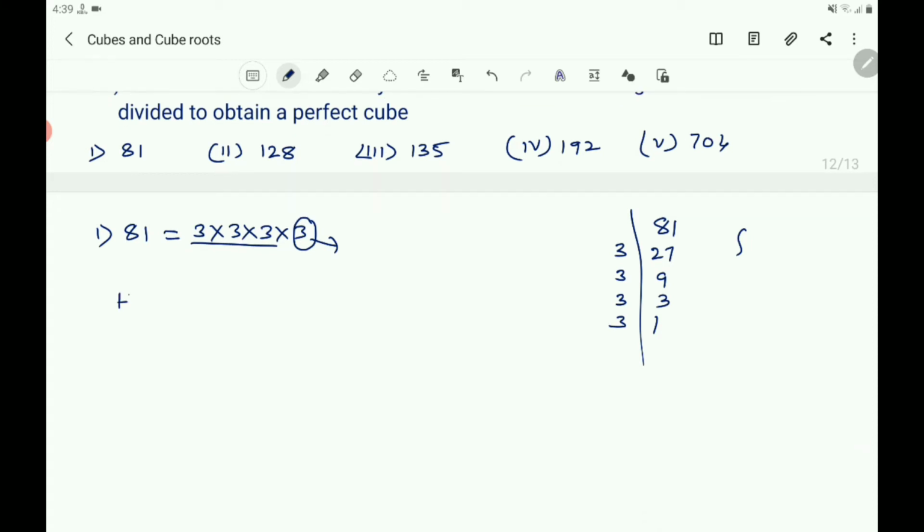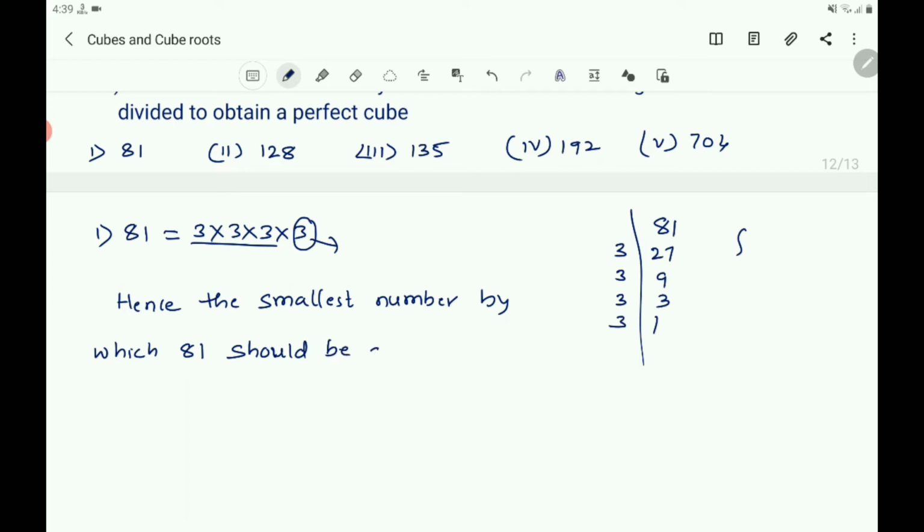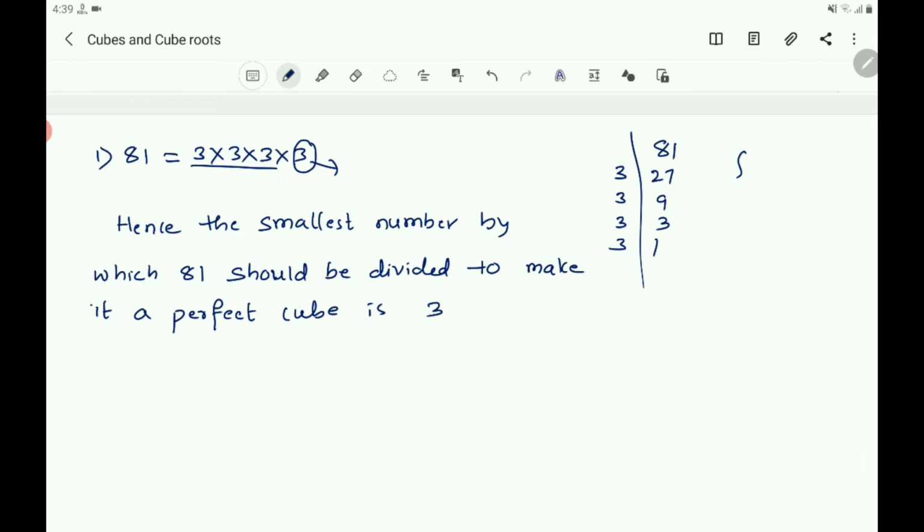So you write, hence the smallest number by which 81 should be divided to make it a perfect cube is 3. If you divide 81 by 3, you will get 27. 27 is a cube of 3.